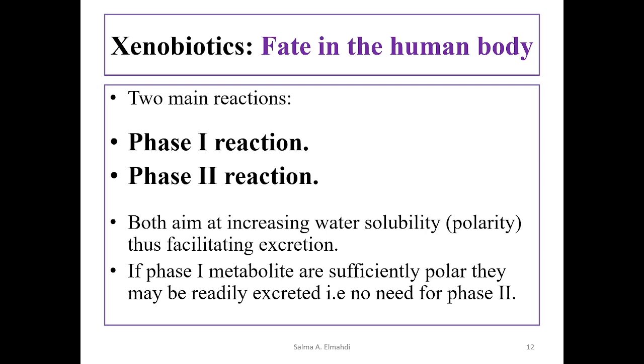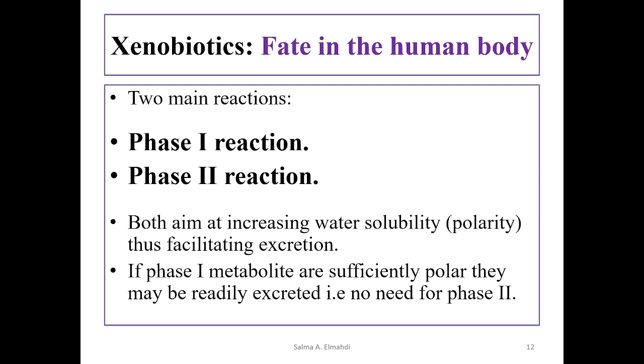There are two main classes of reactions called phase 1 and phase 2 reactions. Both of them aim at increasing water solubility, that is to increase the polarity of xenobiotic substances, and this will facilitate their excretion. Generally, a xenobiotic will undergo a phase 1 reaction which will make it more polar.